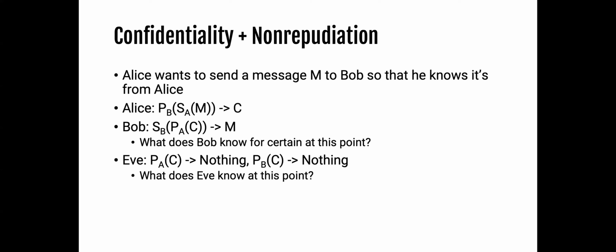We can combine the secret key and the public key together. And this is why originally we said let's assume that both Alice and Bob have their own public key and secret key. Then what I could do is send a message to Bob, and I want to convince Bob that this message comes from me, and I don't want Eve to know about this message.